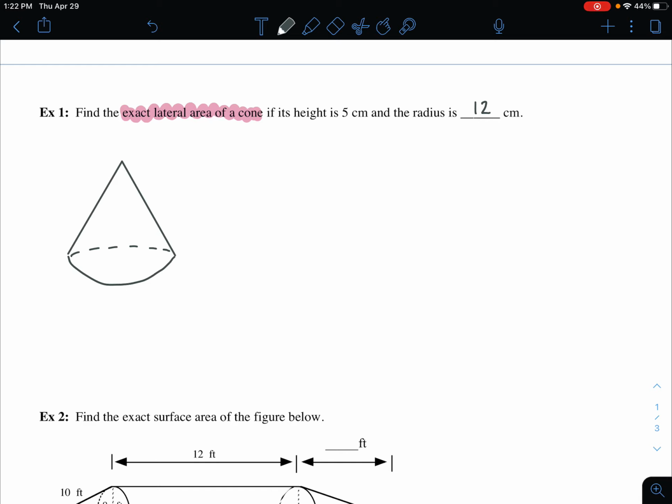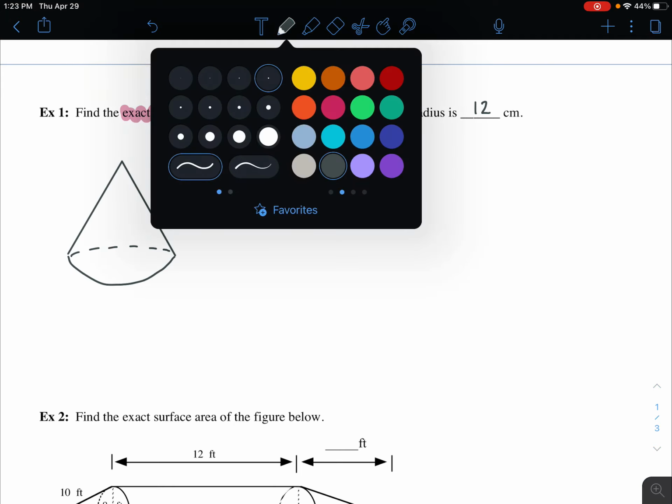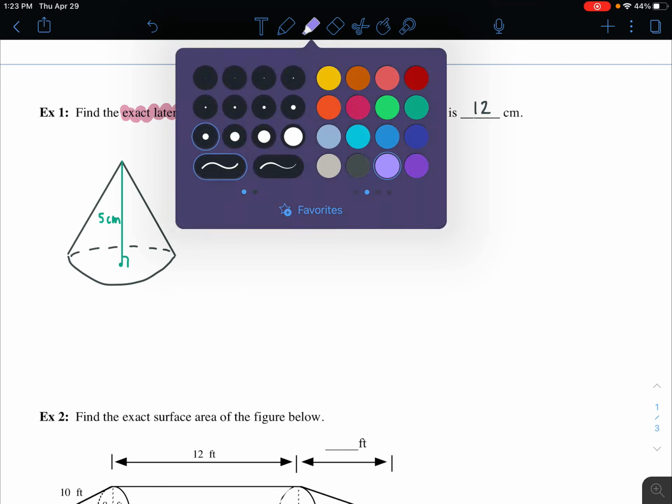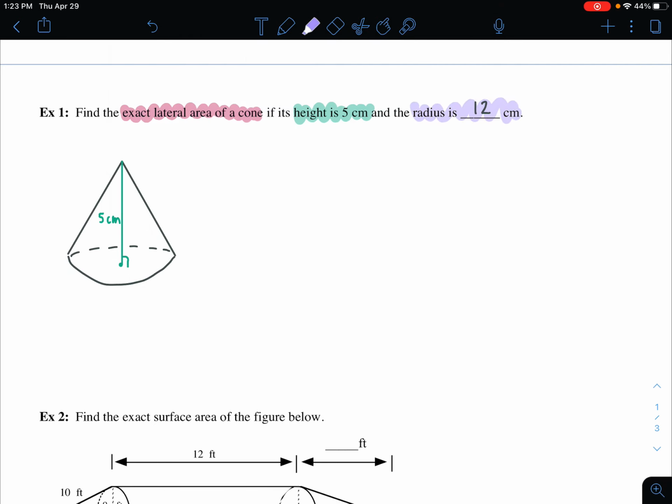Our circle base will look like this. It told us that we have a height of 5 centimeters. Let's draw that in. We know height is perpendicular. And we have a radius of 12 centimeters.